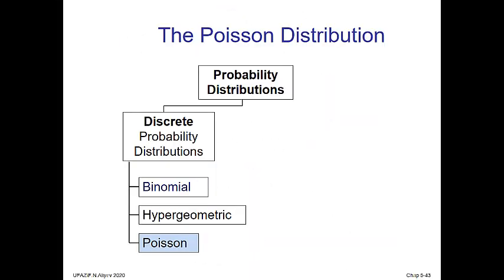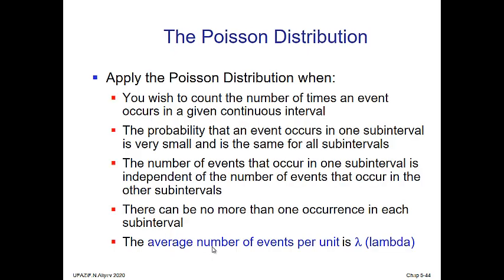Now let's talk about Poisson distribution. We apply Poisson distribution when you wish to count the number of times an event occurs in a given continuous interval. The probability that an event occurs in one subinterval is very small and is the same for all subintervals.